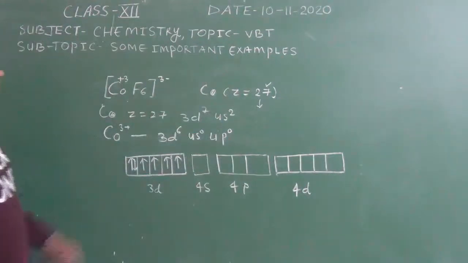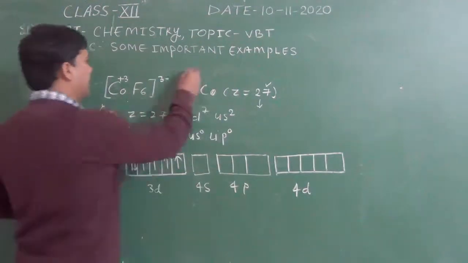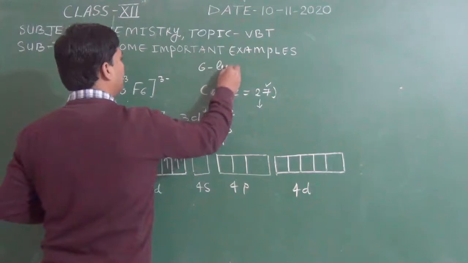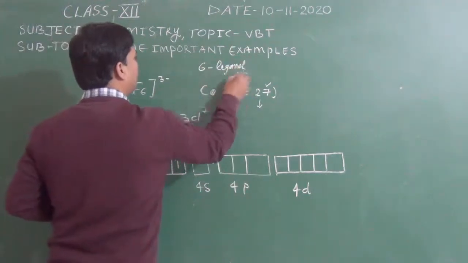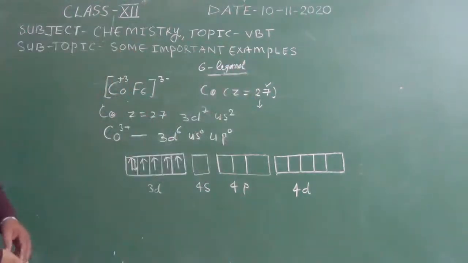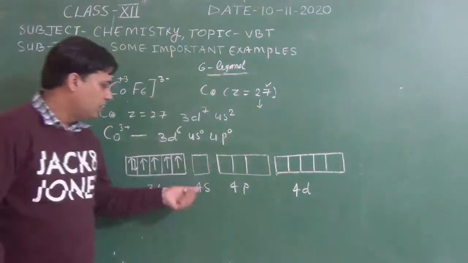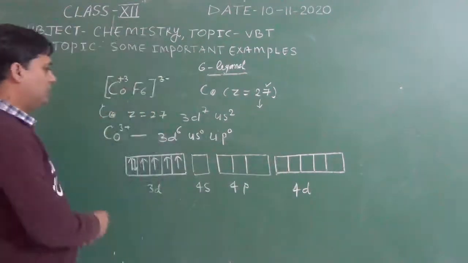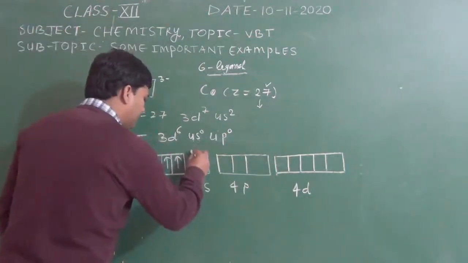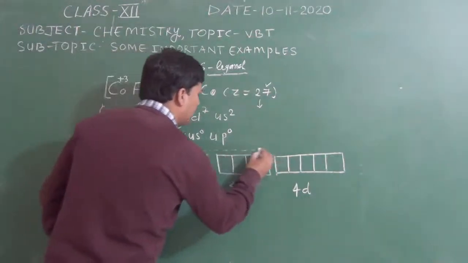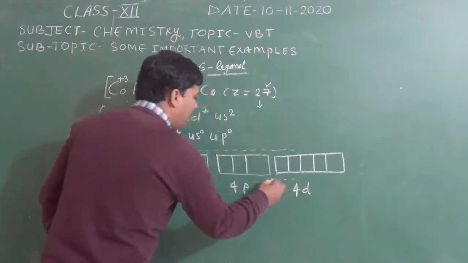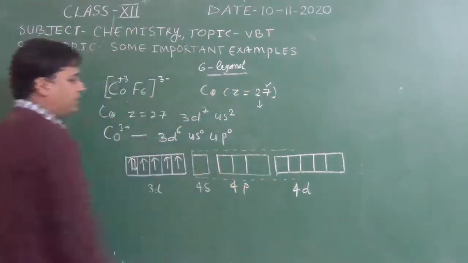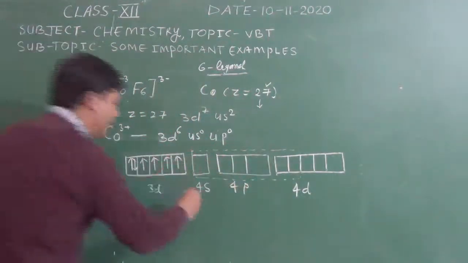How many ligands are present? 6 ligands are present, so how many orbitals are required? 6 orbitals: 1, 2, 3, 4, 5, 6. These 6 orbitals hybridize and form a set of orbitals having equivalent energy.